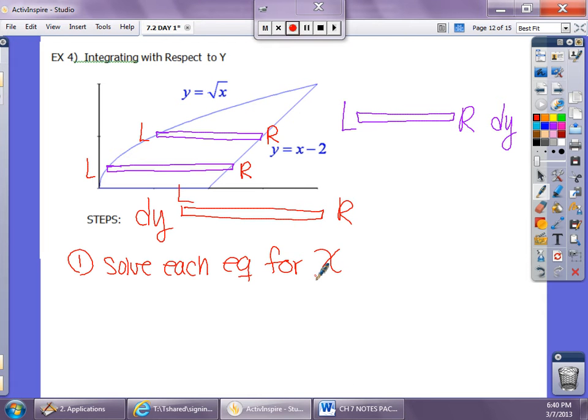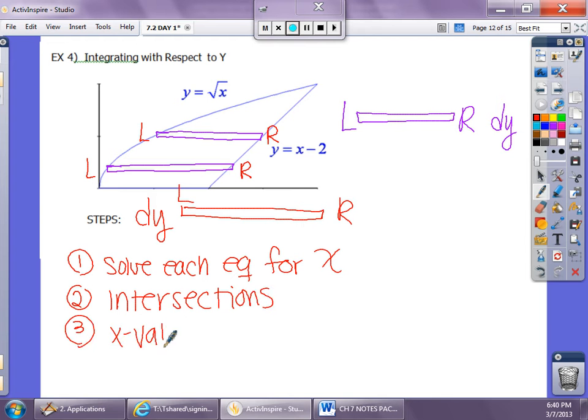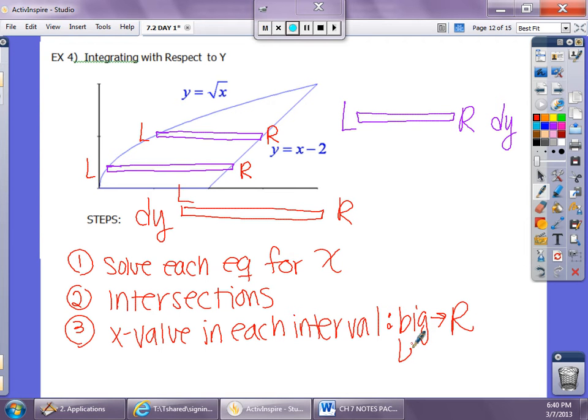In terms of everything else, you're going to find your intersection still the same. X value in each interval. And this is where the big function will be considered the right function, and the small function is the left function. But big and small, your values, that's still what you're going to look for. You're going to look for the biggest x value and the smallest x value.